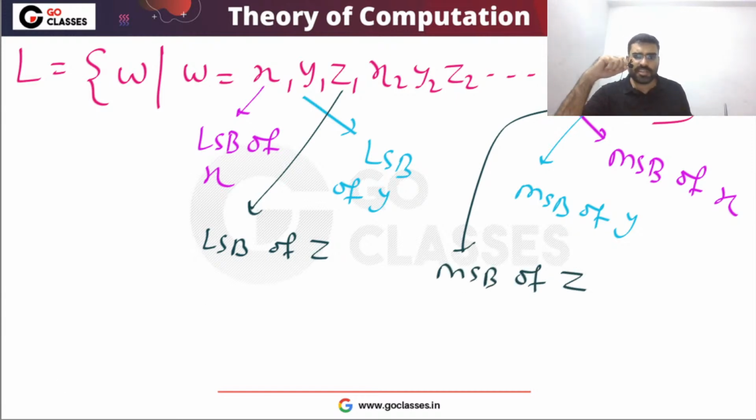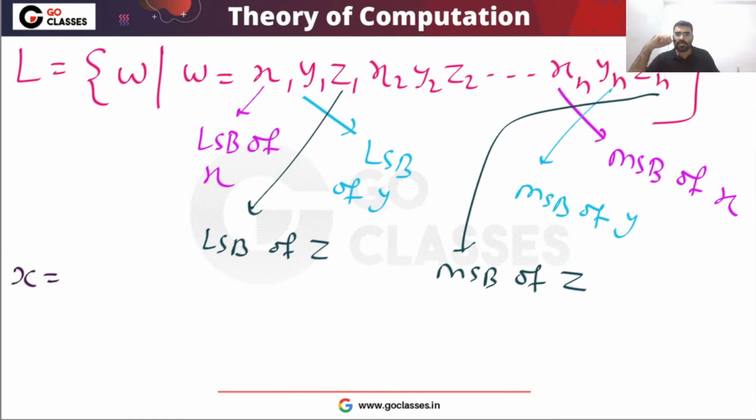Now let's understand this language. So this language is saying that x is like this. So tell me what will be x? x will be x1, x2... should I write like that?